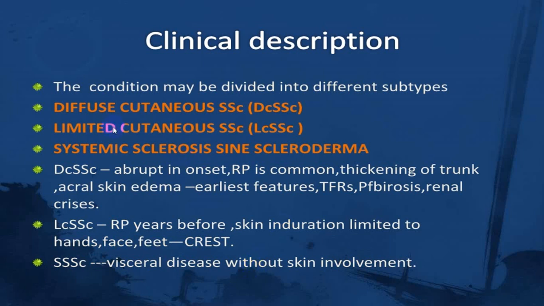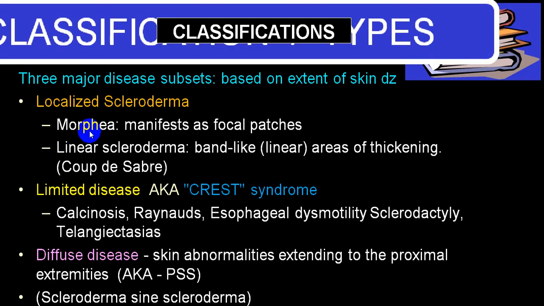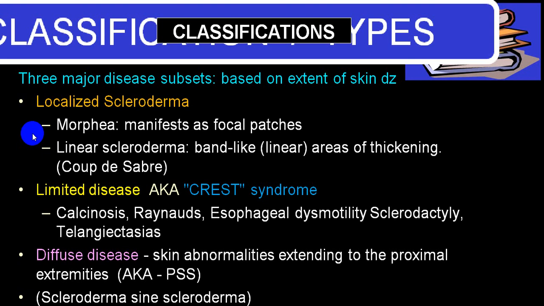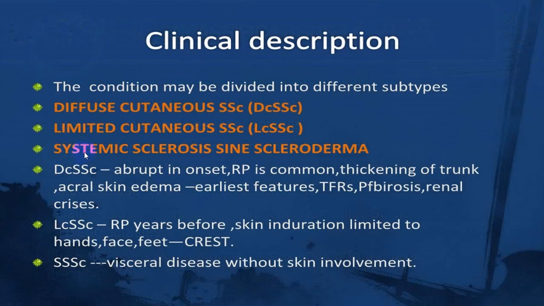So you get a diffuse variety, limited variety, and localized variety. In limited variety you can have CREST syndrome and you can have a localized scleroderma. And in systemic sclerosis, it is visceral involvement without skin involvement.